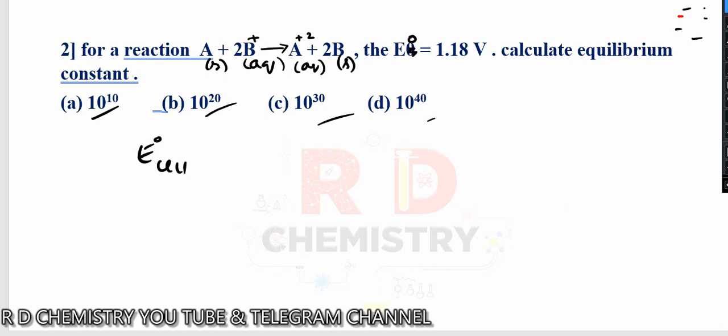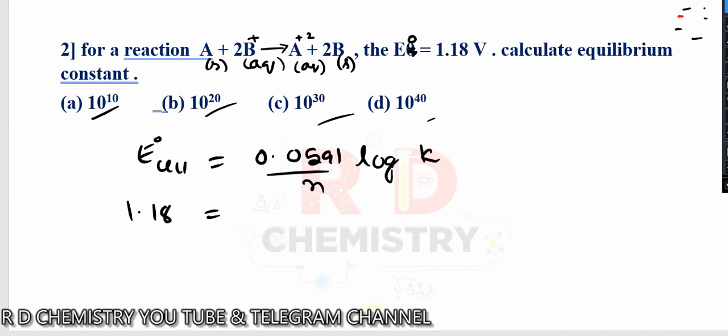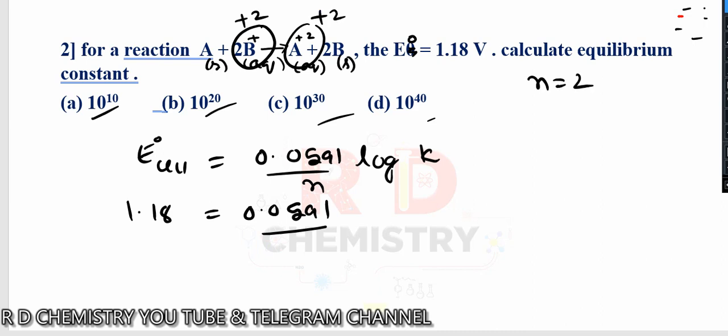E naught cell is equal to 0.0591 divided by n log K. So it is 1.18 here, equals 0.0591 divided by, what is the n value? Here total charge is plus 2. So n is equal to 2. Therefore divided by 2 log K.